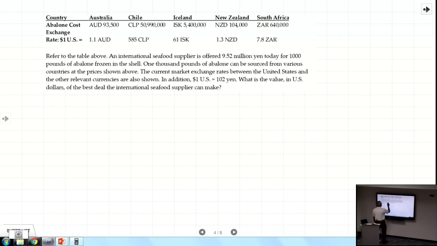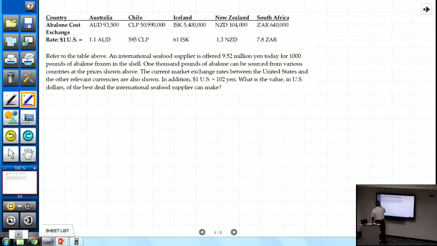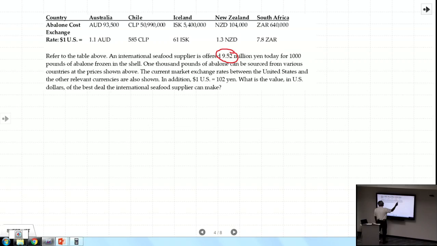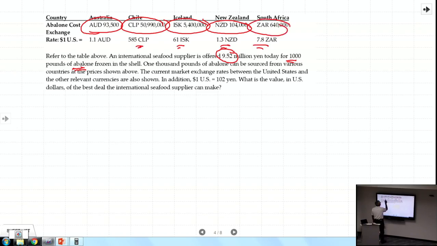So you have an international food supplier that is offered 9.5 million yen today for 1,000 pounds of a type of fish. And this 1,000 pounds can be sourced from different countries, and their costs for those 1,000 pounds are in the following currencies. We also have the exchange rates for the different currencies.